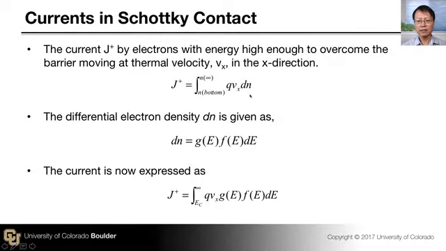And to calculate dn, the fractional electron density, we go back to the general equation that the electron density in a semiconductor is given by the density of states times the probability function, the probability of finding an electron at energy E. So we plug that in, then we turn this integral over n into an integral over E, and this integral runs from the bottom of the conduction band to infinity.